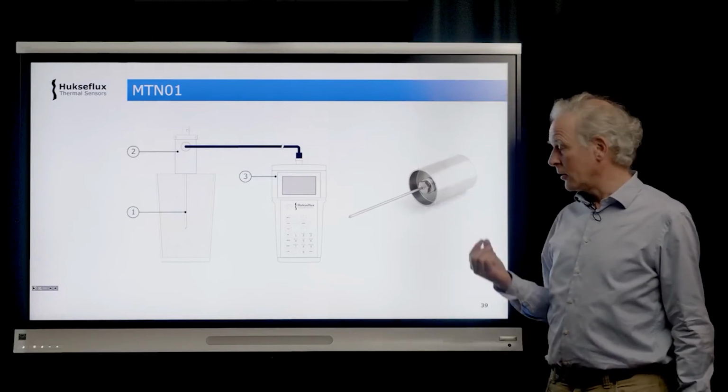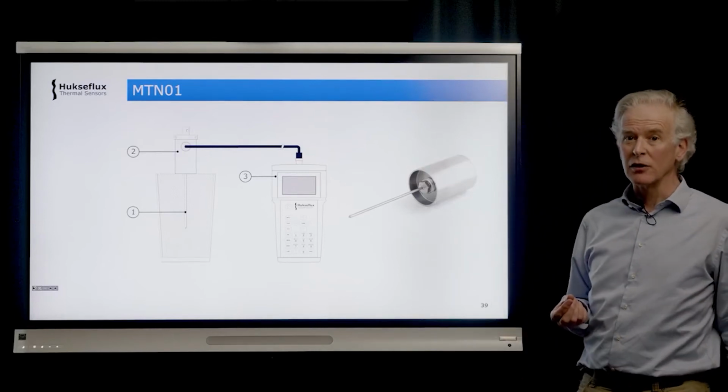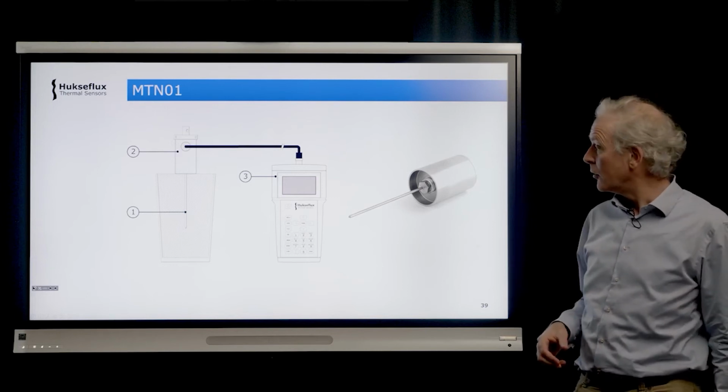The diameter of the needle is about 3 millimeters, so it's slightly more vulnerable.